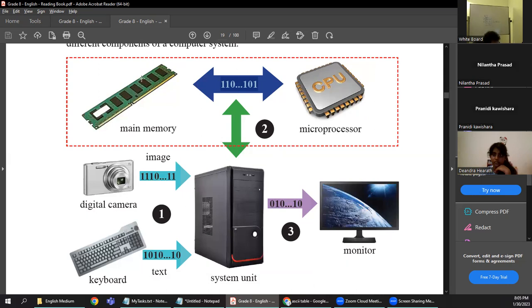Even if you take yourself, if I tell you to add two numbers, first you take it into your head. That means you have some memory. Then you process it with your processing power, so you may be adding them. Then you can display it or just say it with your mouth. That is the output. So you are also like a computer.